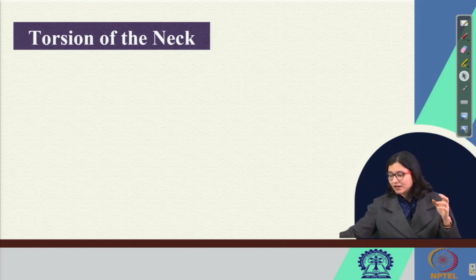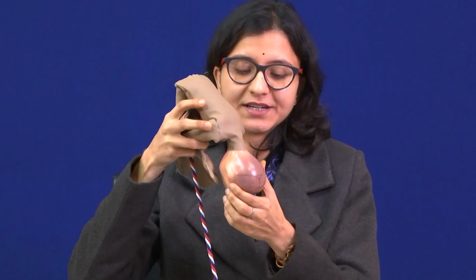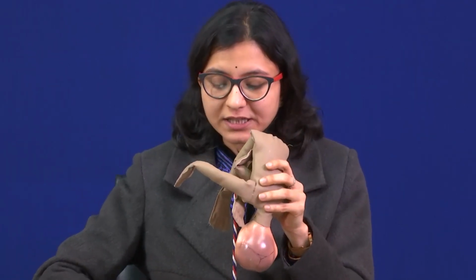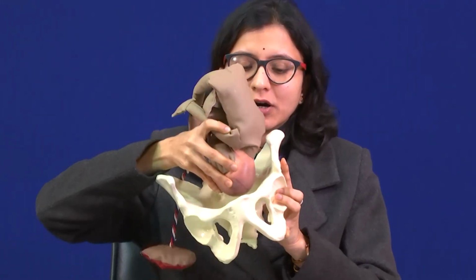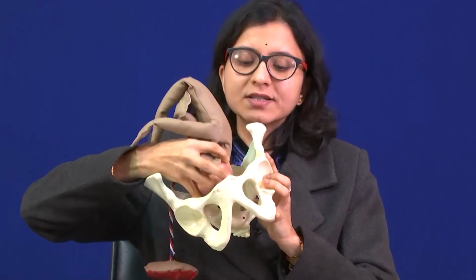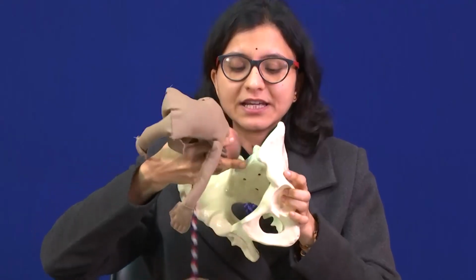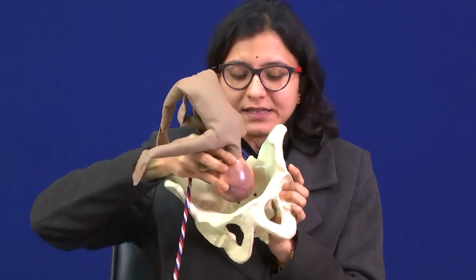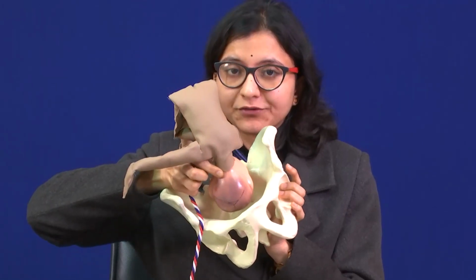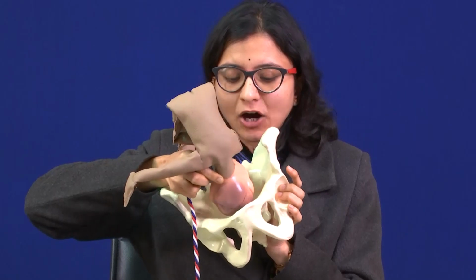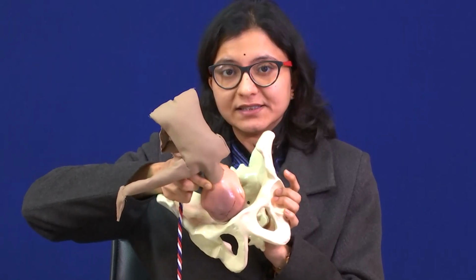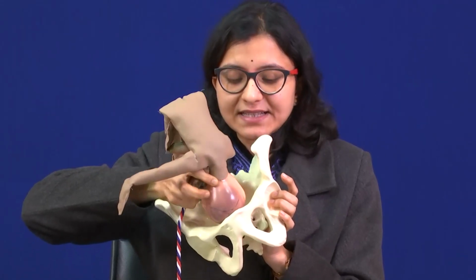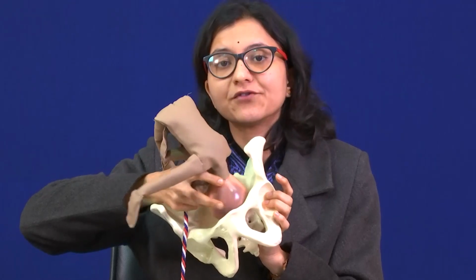We have discussed that the internal rotation of the head will occur in such a way that this occiput, which was actually in the left occipito-anterior position, pointing towards the left iliopubic eminence, will now rotate by 1/8 of a circle, that is 45 degrees, such that the occiput comes behind the symphysis pubis.